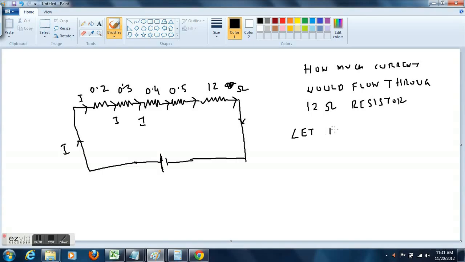So what is the net resistance? Let the net resistance be R. Since it is in series, R will be the sum of all the individual component resistances.